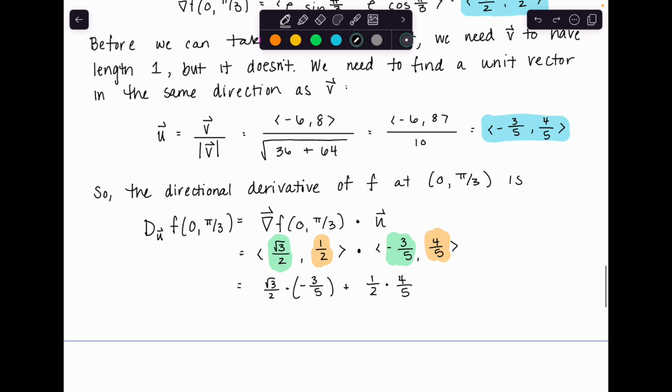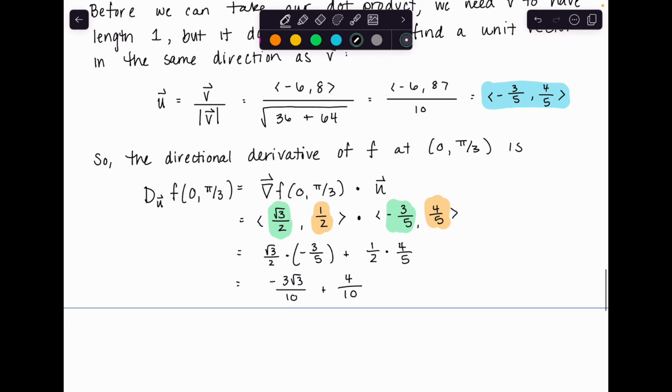So that will be negative 3 root 3 over 10 plus 4 over 10. And so you can write this as a single fraction. It would be the numerators added together, so I'm going to put the positive one first over that common denominator of 10.